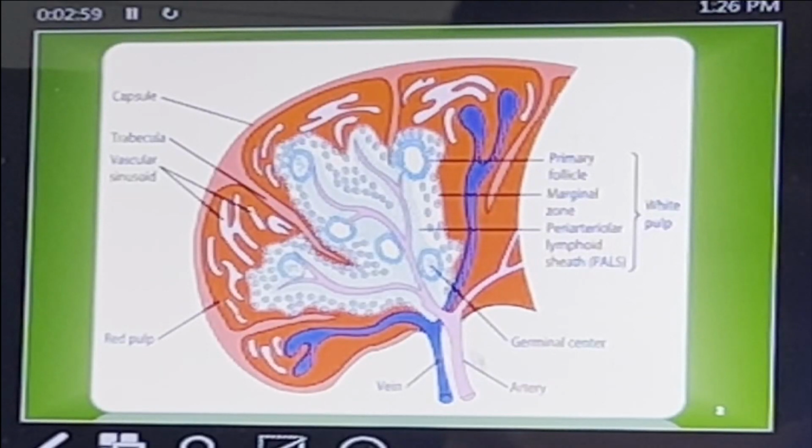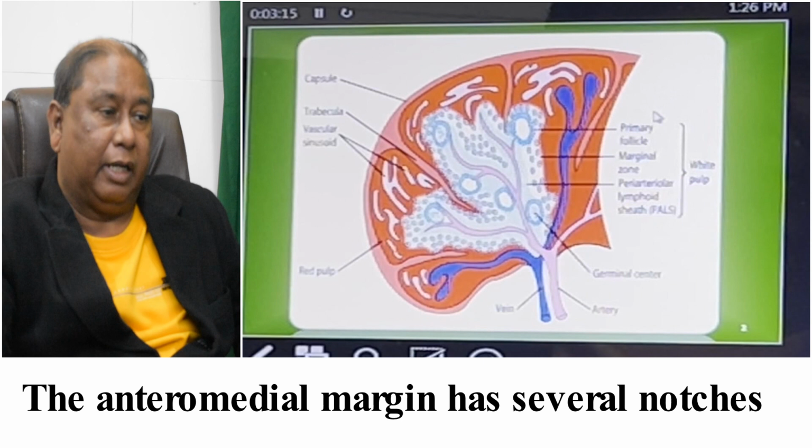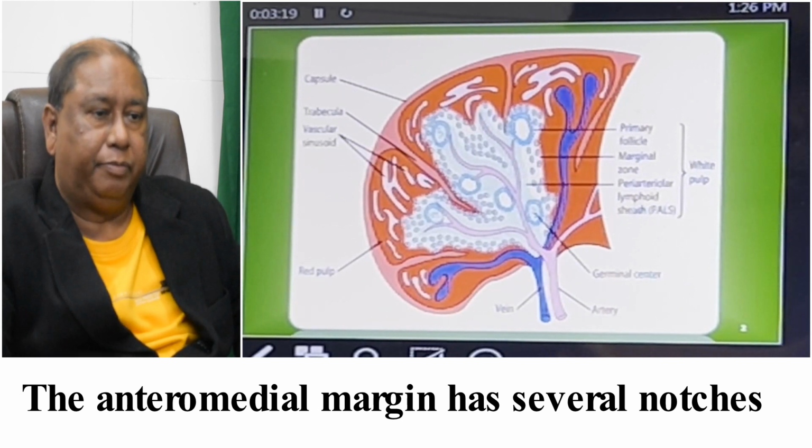And through this cleft, the blood vessels pass. On the anteromedial margins, several notches are there. You will see several notches.